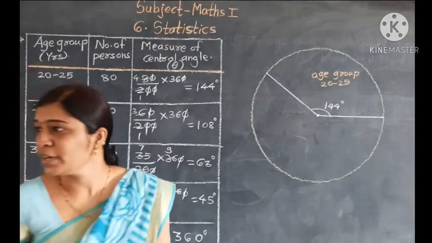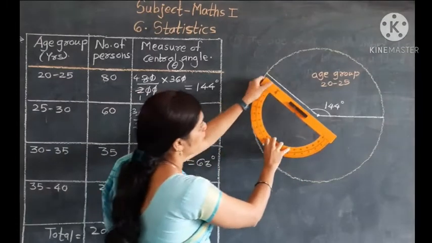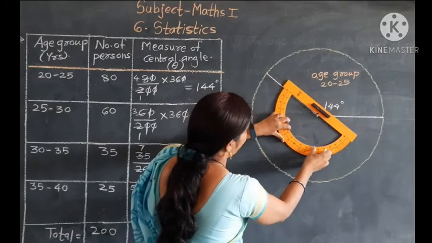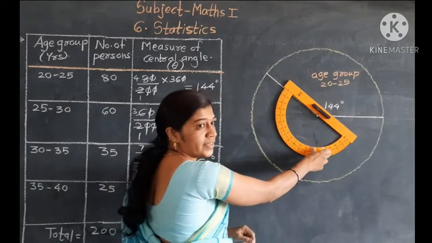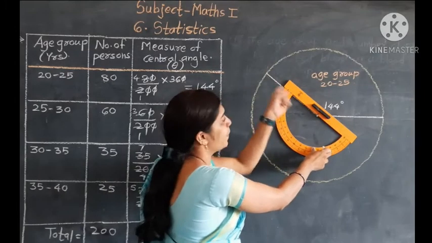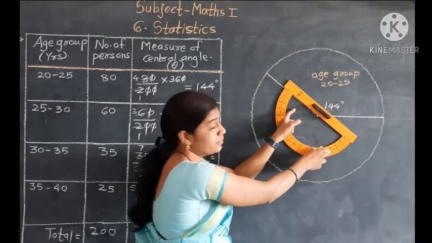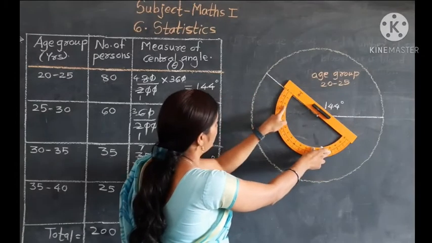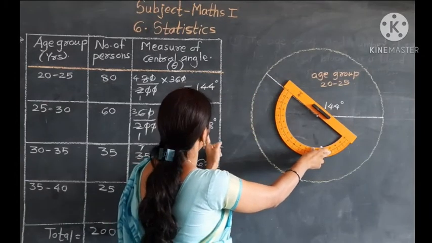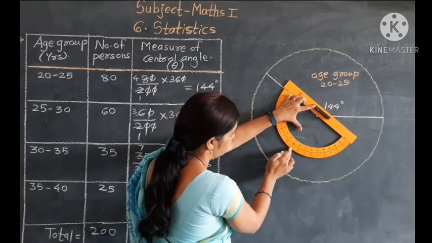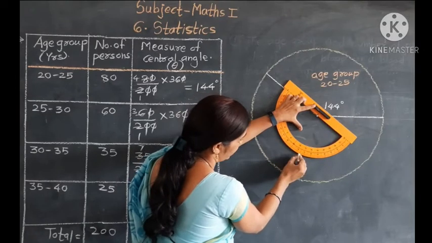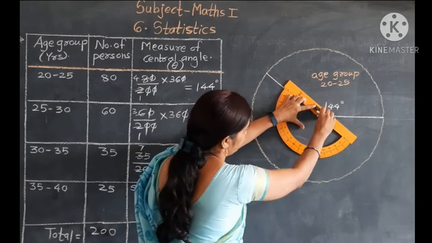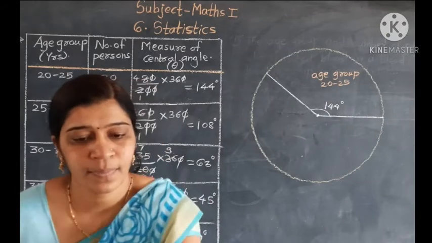How to draw this 108? See. Now from this side, बघा असं पण वापर करायचं आहे तुम्ही. हा प्रोटेक्टर असं ठेवायचं आहे. हा काय आला पाहिजे? फेस आला पाहिजे इकडचा. And from this side 0. Calculate up to 108. 108. And join this.